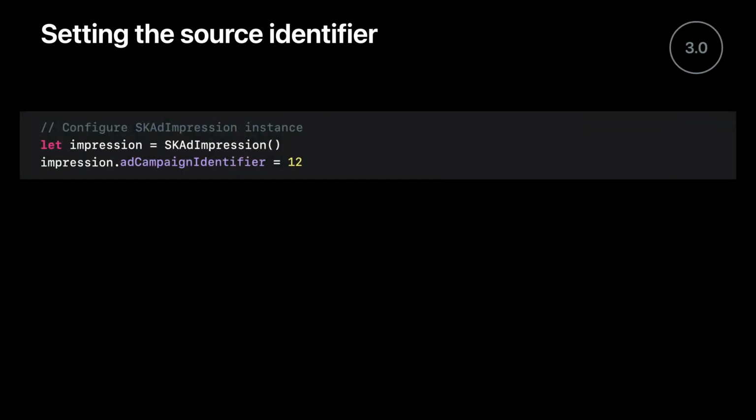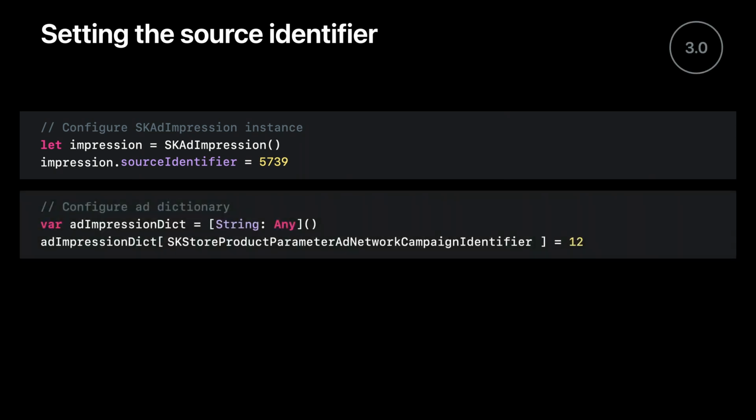Let's take a look at the API changes. If you are using instances of SKAdImpression to show your ads, you can set the new source identifier property on the SKAdImpression instance. If you are setting your impression via a dictionary, you can set the source identifier value using the new source identifier key.